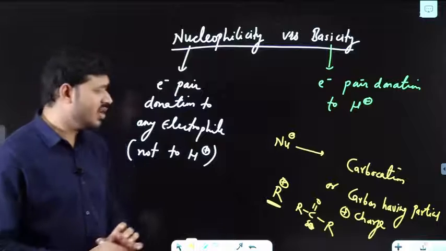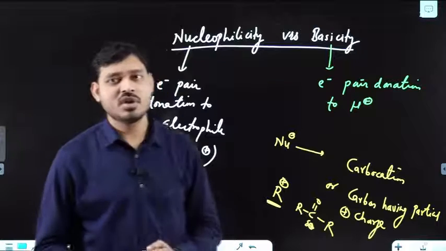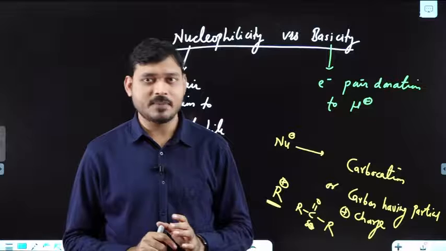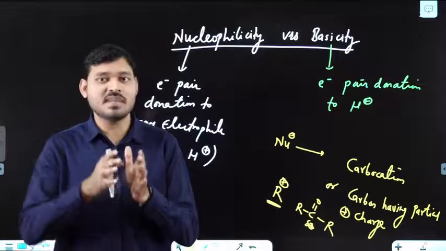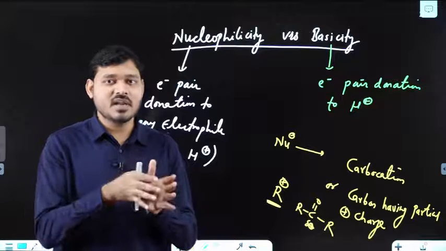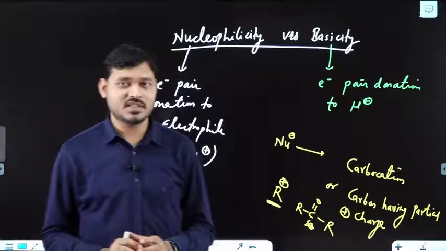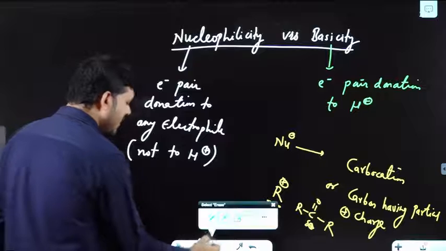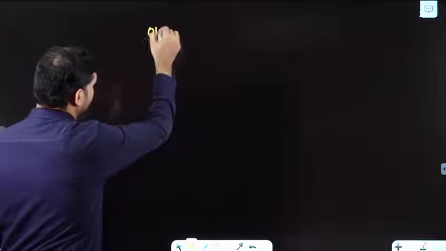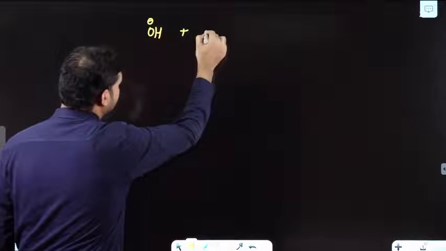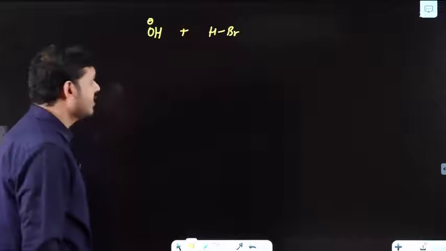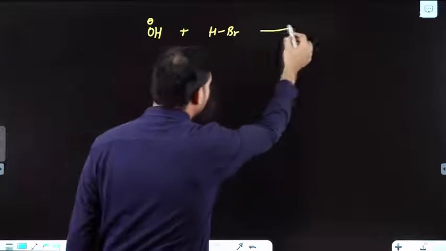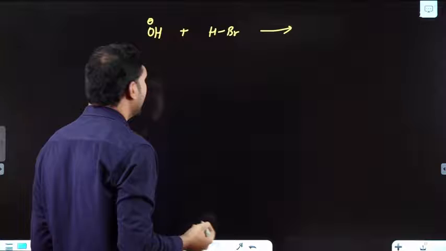Clear? Now what is the reason we need to understand nucleophilicity versus basicity? Because the same compound or species can behave as a nucleophile or as a base. Let me give you one example. Suppose OH minus reacts with HBr. As you know, HBr is an acid, hydrobromic acid, simply hydrogen bromide gas.